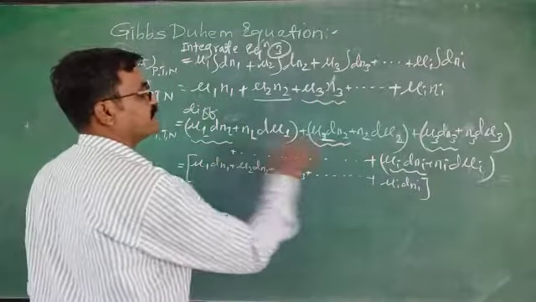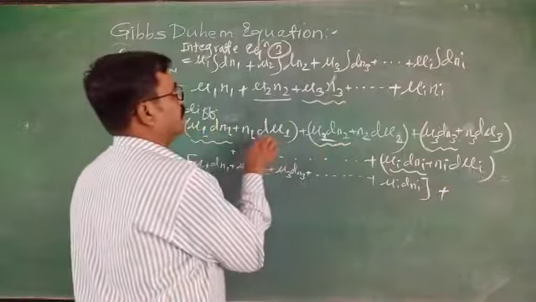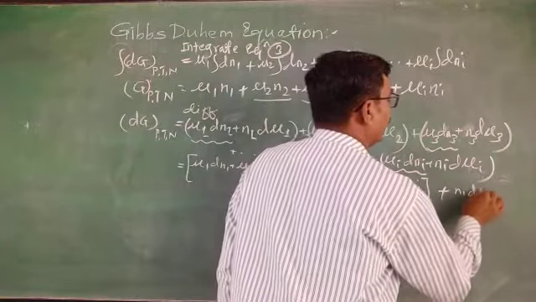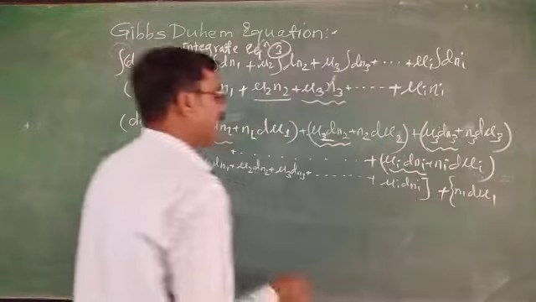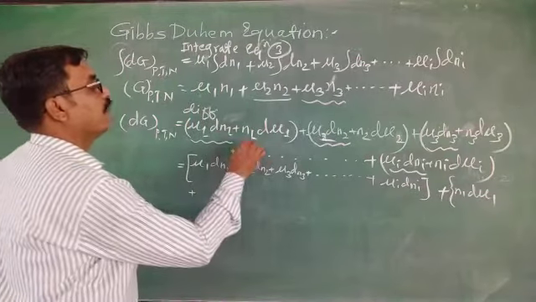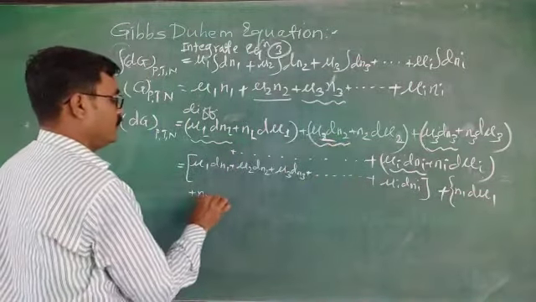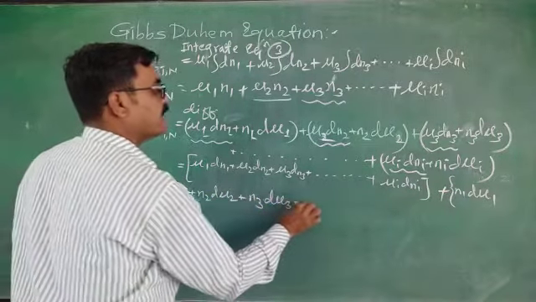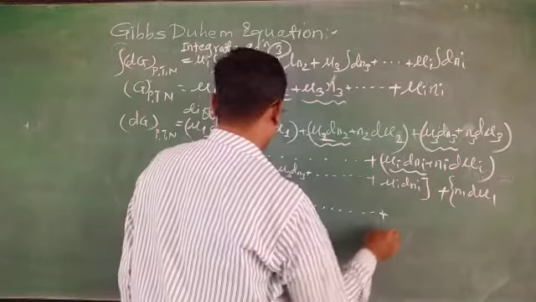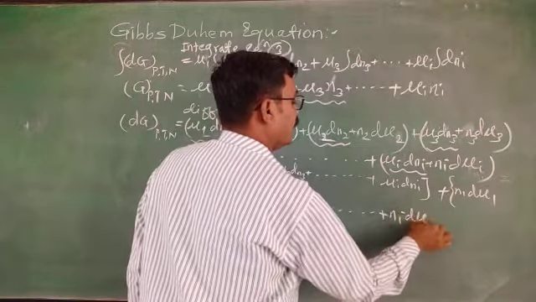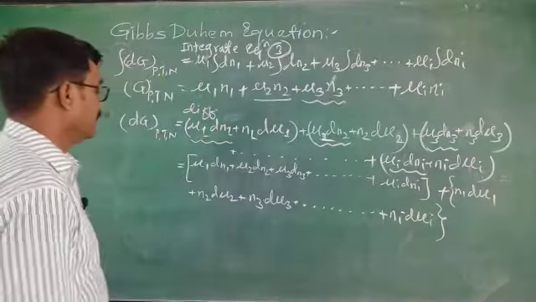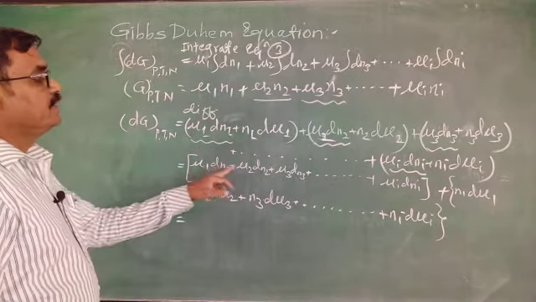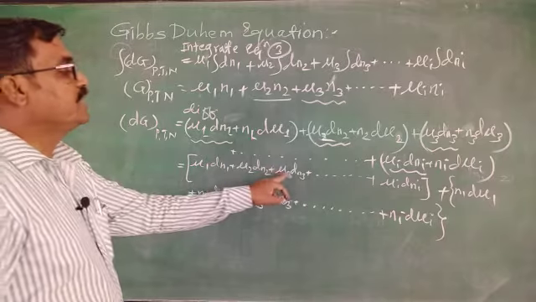Now after this the remaining terms are plus n1 d mu1 plus n2 d mu2 plus n3 d mu3 plus and so on, the last term becomes ni d mu i, and the parenthesis is complete.